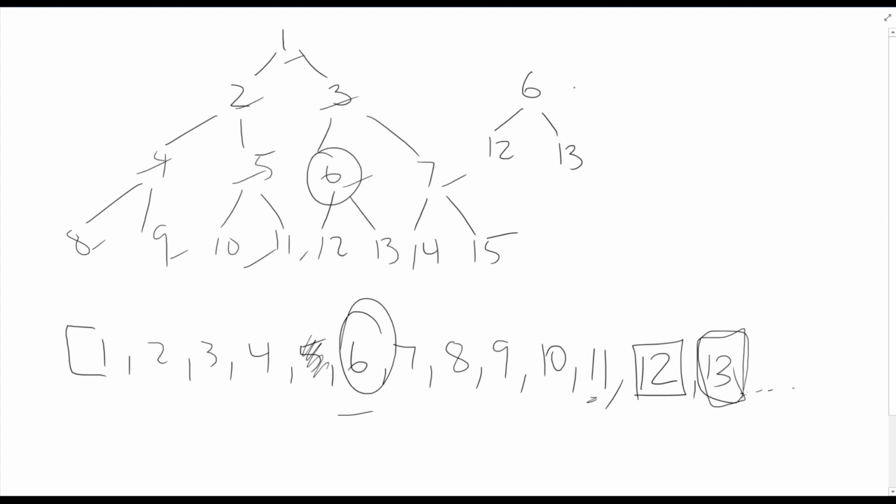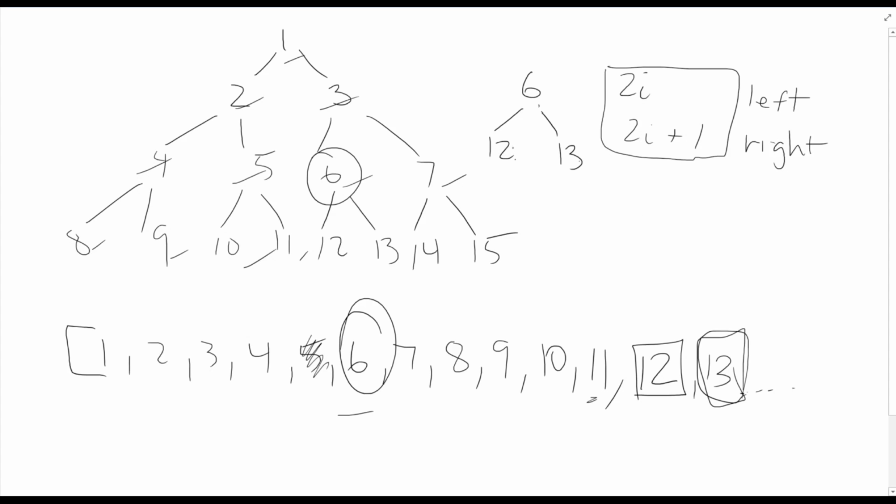And what we might notice is one of those is going to be 2i, and the other one is going to be 2i plus 1. Okay, 6 to 12, 2i, and 13 is 2i plus 1. Then these are our children. This might be my left, and this might be my right.